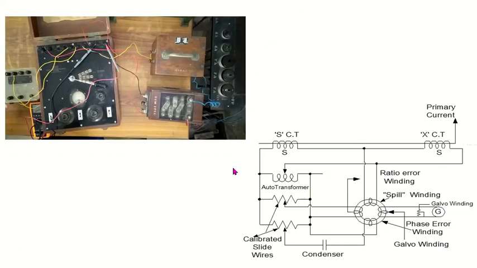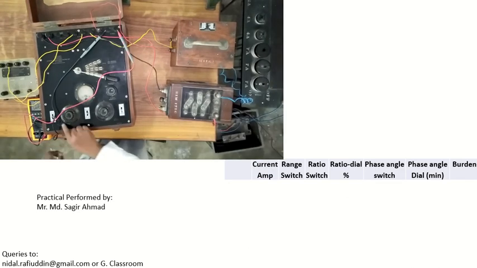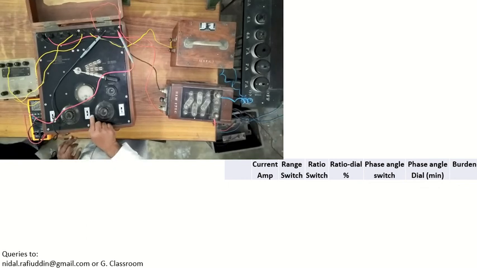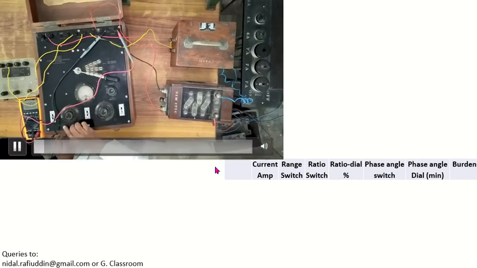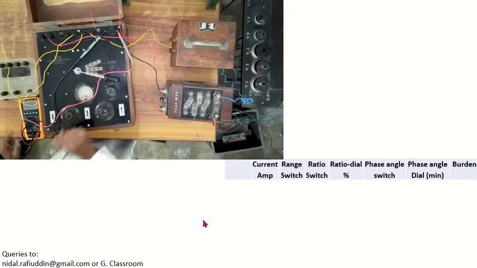Using this circuit diagram we now perform the connections. Connections have been done here, and here shows the experiment that is being performed. If you go through the manual you will understand the procedure, how we will be following the steps from that manual. And on the right bottom side we will be populating the table corresponding to the readings that we are going to observe.